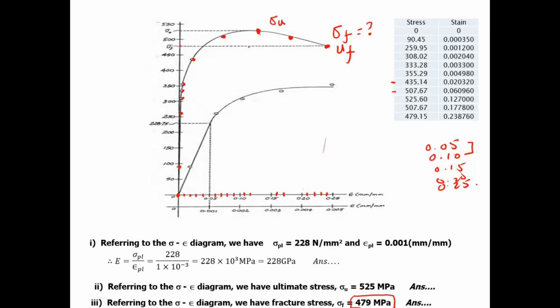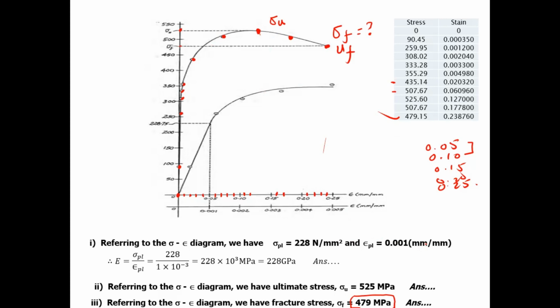And this is the point of ultimate stress. This is the highest point achieved by the material when it is under load. So this is the ultimate. It is nearly equal to 525. This is a point we know. Oh, actually this is 579. We calculated that as well. Okay. Now ultimate is 525 megapascal.